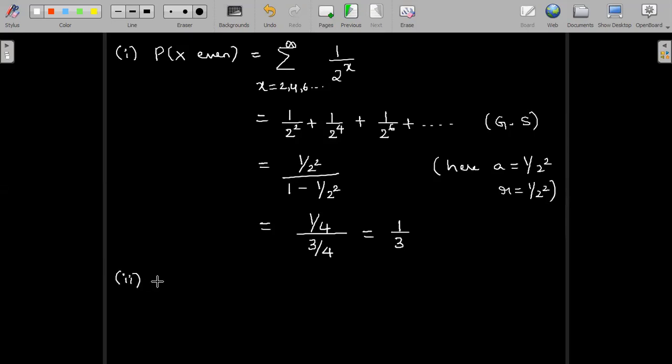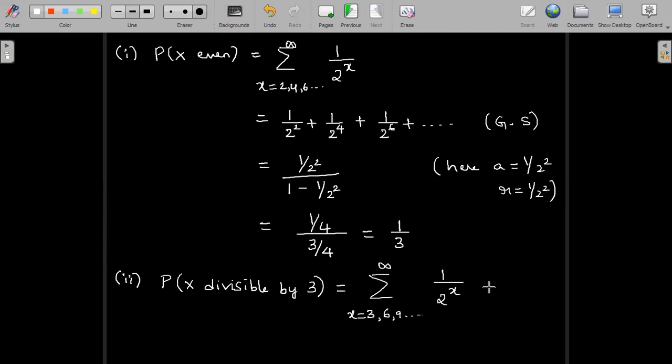So the second thing that I have to find out is the probability of x divisible by 3. So this can be written as summation x is equal to multiples of 3, so 3, 6, 9, etc. up to infinity. And the function is 1 divided by 2 power x.